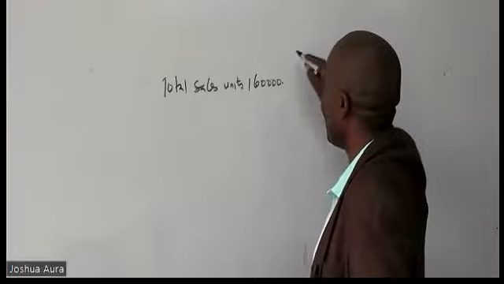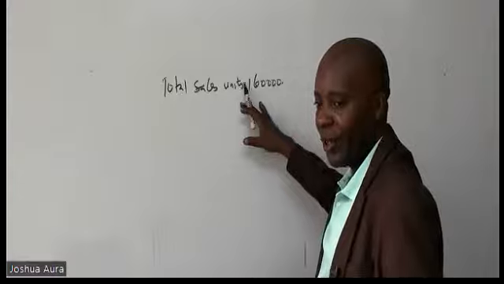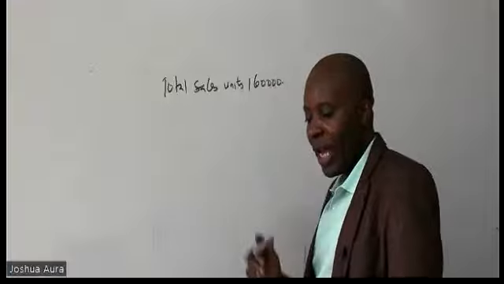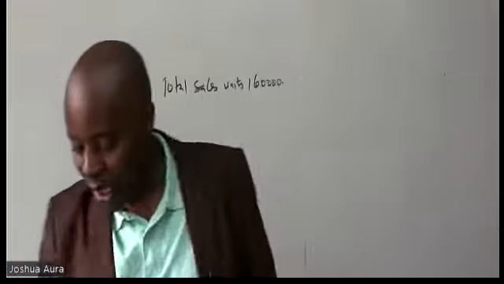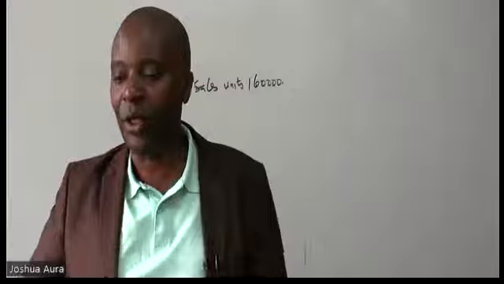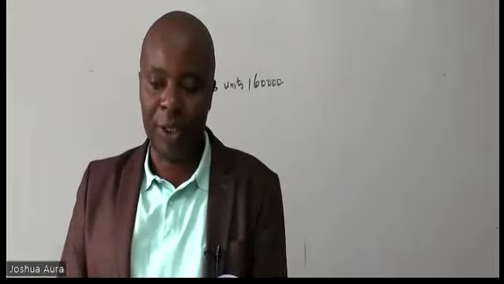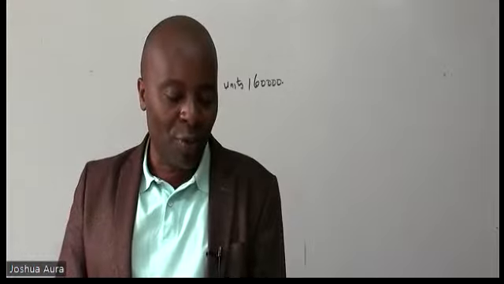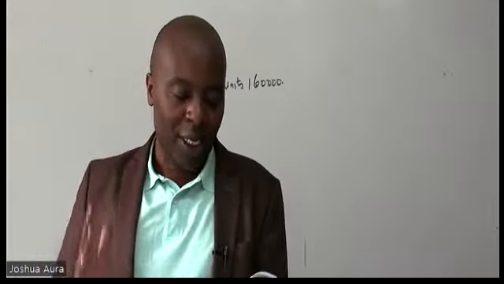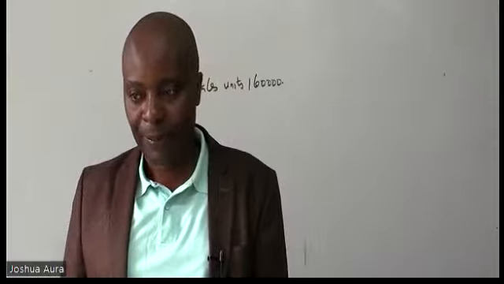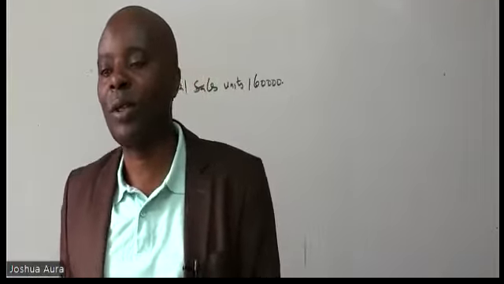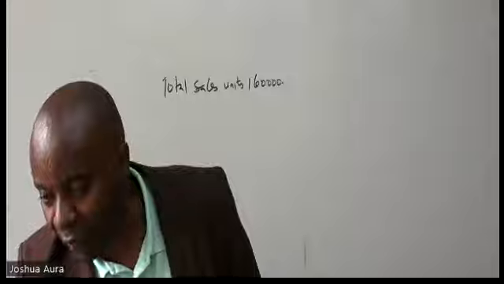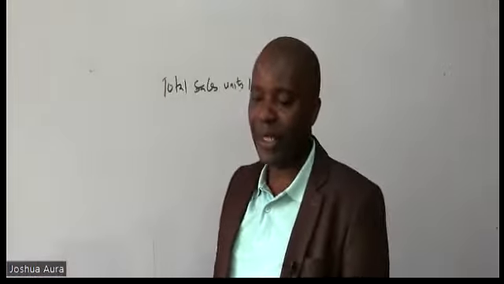So we have here, total sales is 160,000. Where am I getting these total sales units? I'm getting them from this table given. They told me number of units are 120,000 for A, and B is 40,000. If you add 120 plus 40, that gives us 160,000.